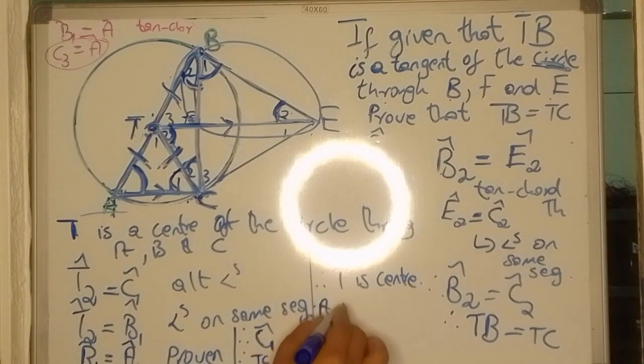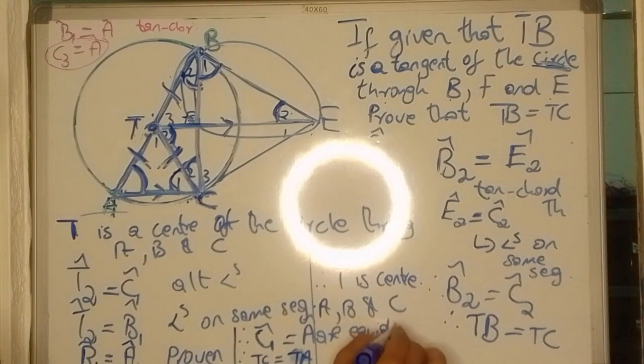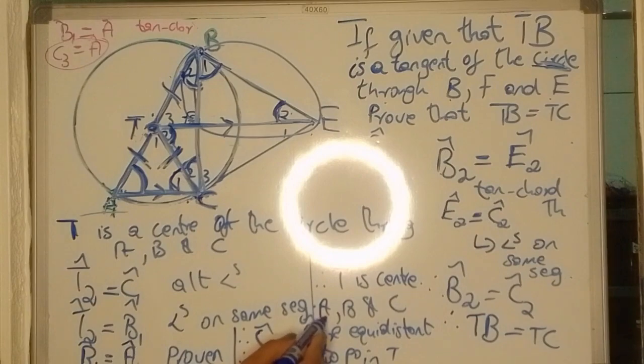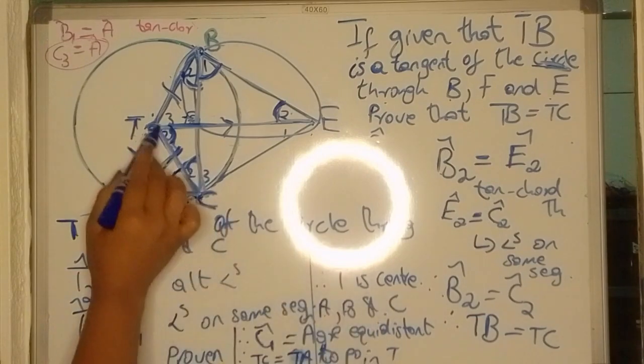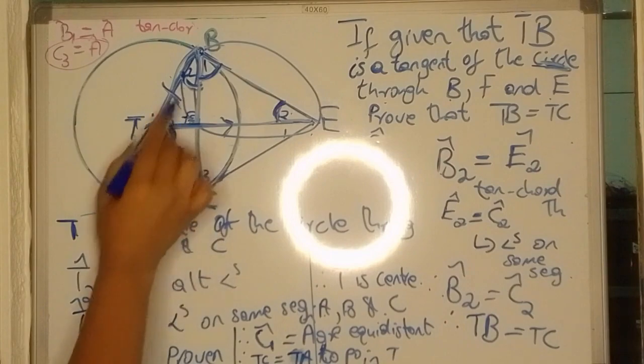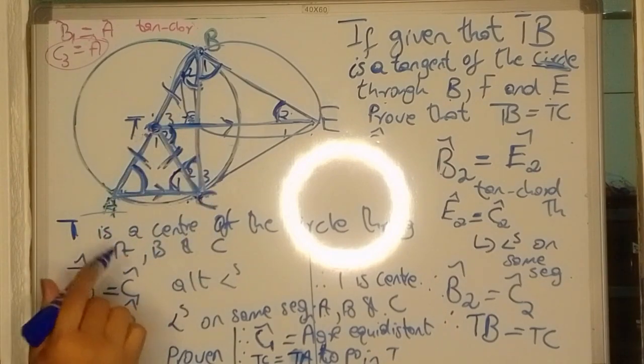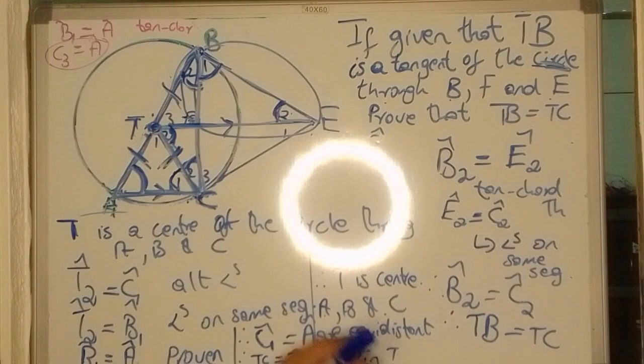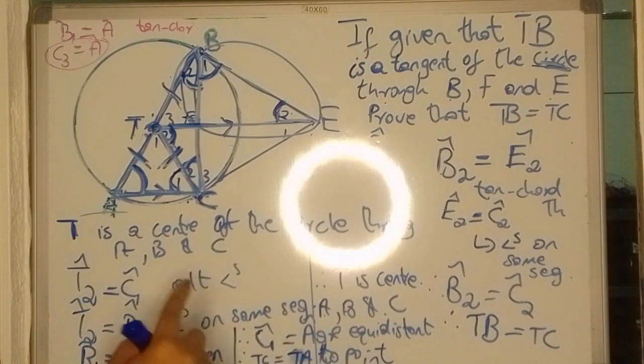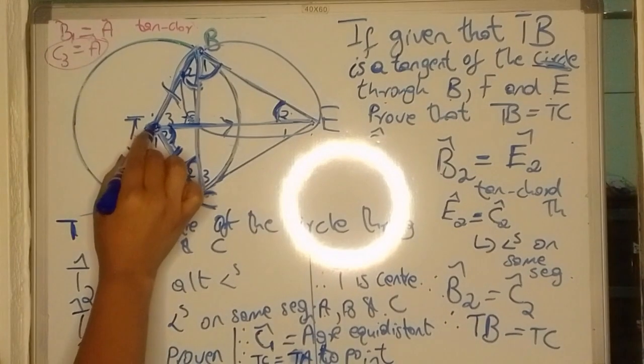Points A, B, and C are equidistant to point T. All points A, B, and C go from point T to the circumference, and all 3 of them have the same magnitude. They are equal. So that means they are radii in that circle. So that then makes T the center.